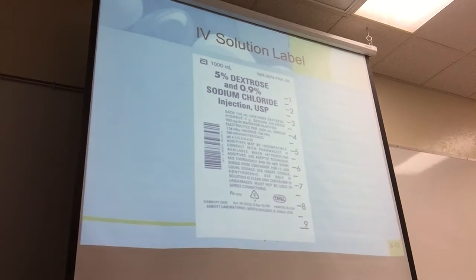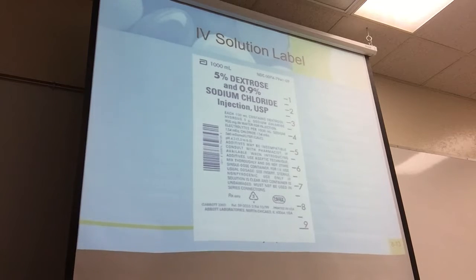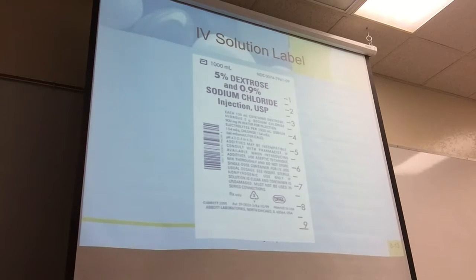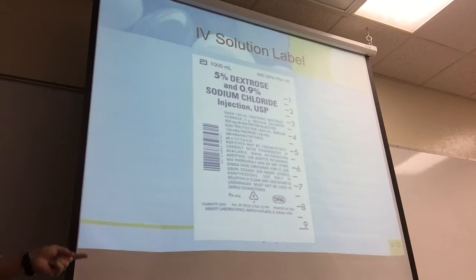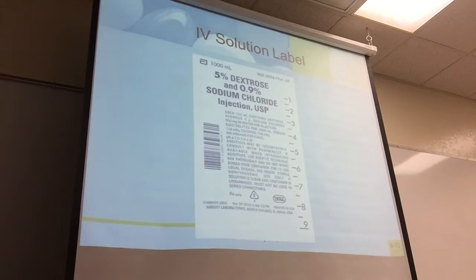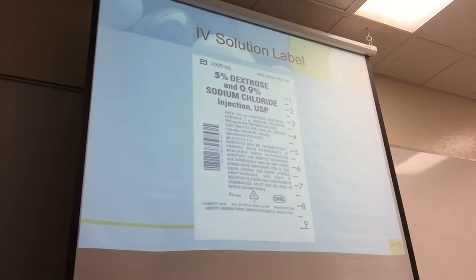If I have half normal saline, I'm going to have half of 0.9%. If I have quarter normal saline, I'm going to have a quarter of 0.9%. You might see some problems that have that, and you will have to know that. That is something that you need to learn, understand, memorize, and know.